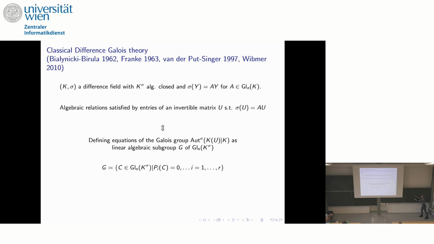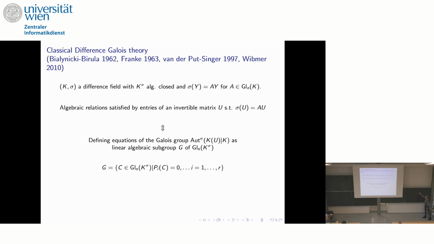Then I let this thing act on my equation. Since it commutes with sigma, I have sigma of φ(U), which is equal to the image of this product, but A is in the base field, so it is fixed. And here I have φ(U). Okay? So this means that φ(U) is another solution of my initial system.